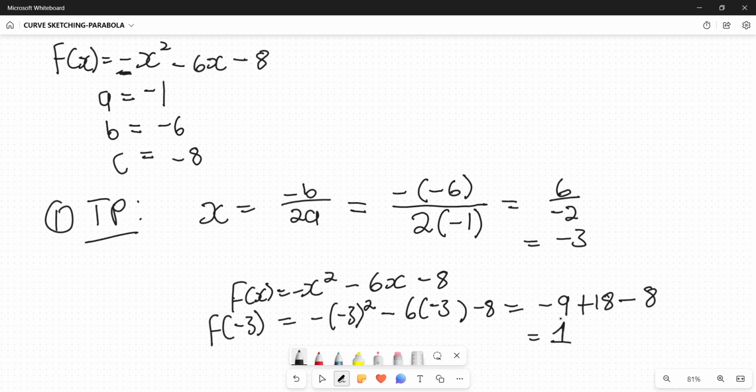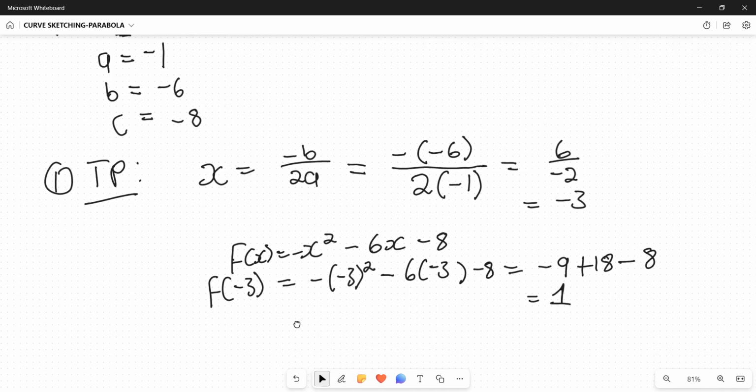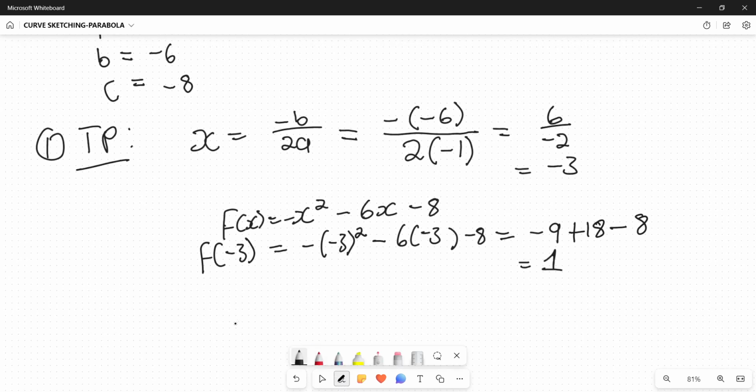So now we have found the y coordinate of the turning point, and now we can finally say the coordinates of our turning point are -3 and +1.